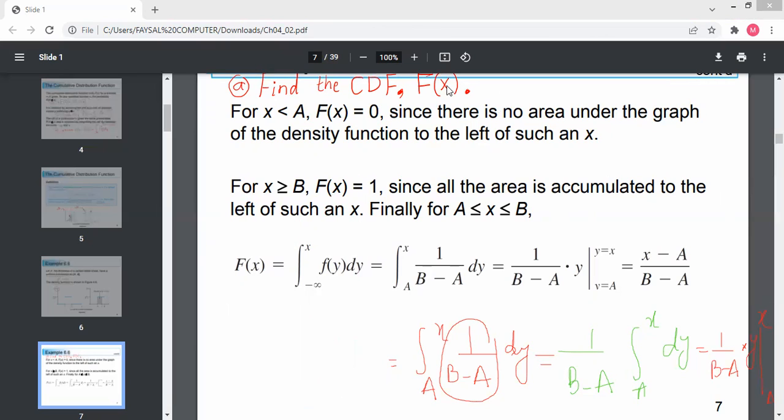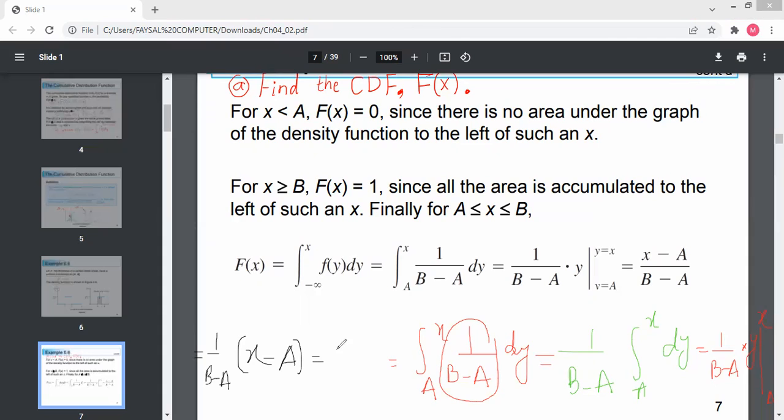Now this value will be written as 1 upon b minus a, applying the value of x. So putting y equals to the upper limit x, and the lower limit is a, it will be x minus a.